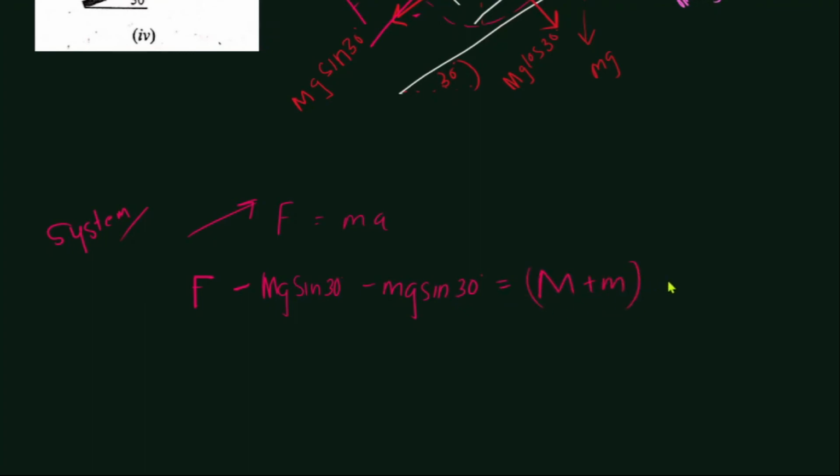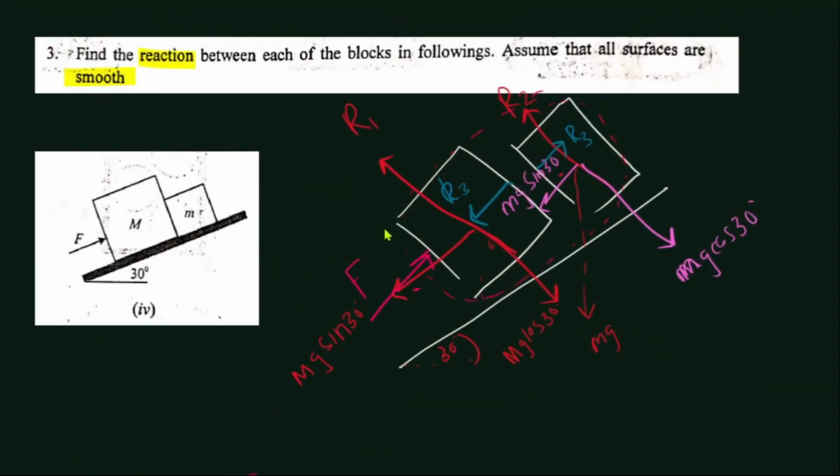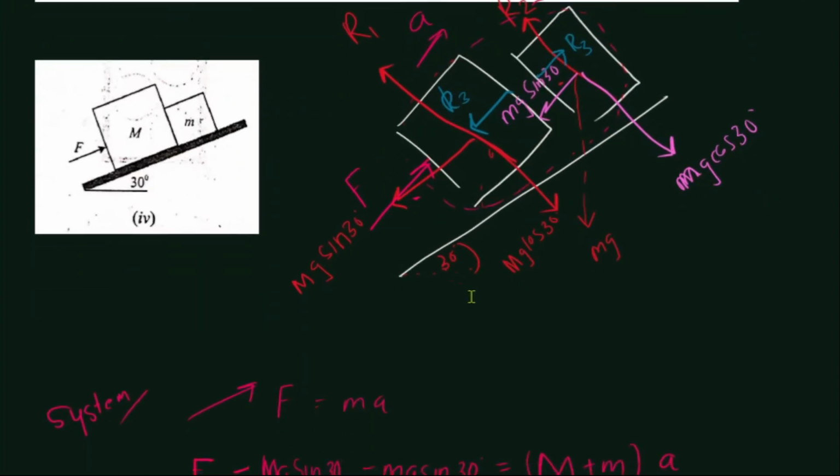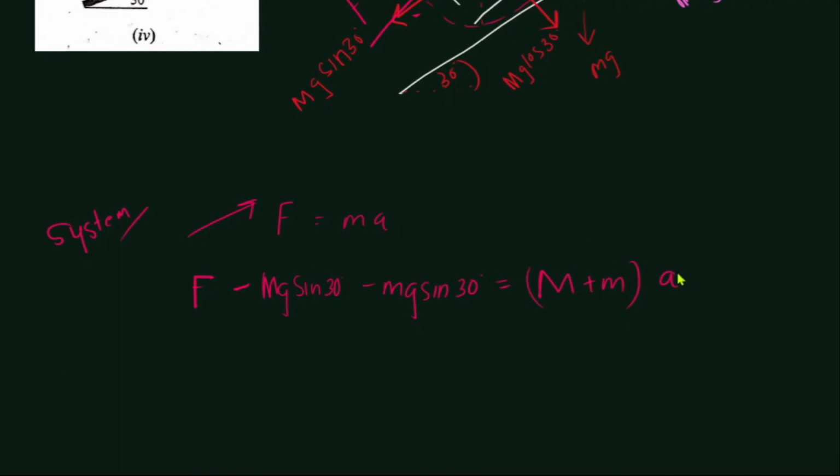Let us assume that due to the application of force capital F, the complete system is moving up the plane with an acceleration a. So we are going to find that acceleration, simple a, right?